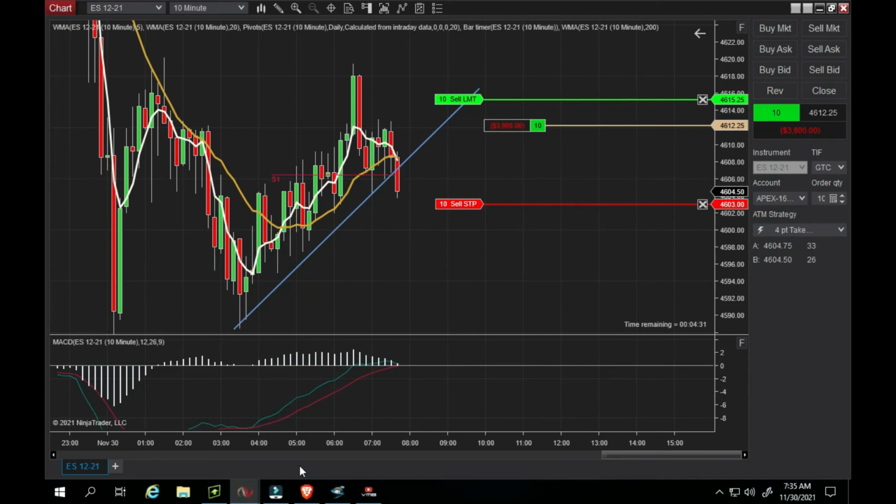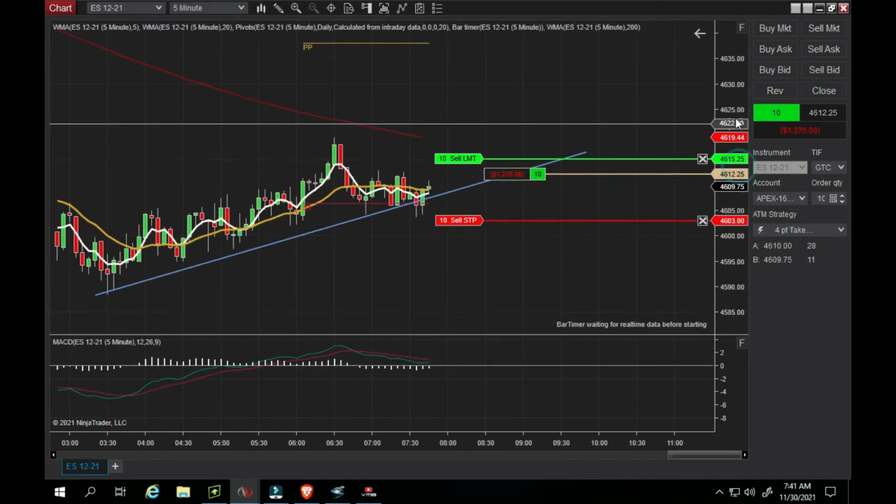Of course, I started worrying as the time went on and got closer to 7:30, getting closer to 8. I'd already thought I wasn't going to be in this trade after 8 o'clock.